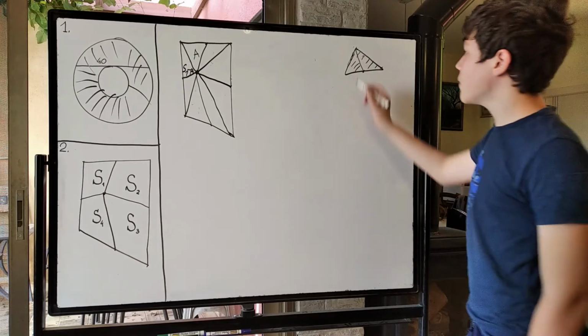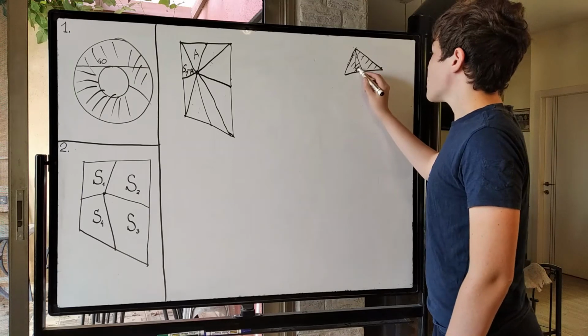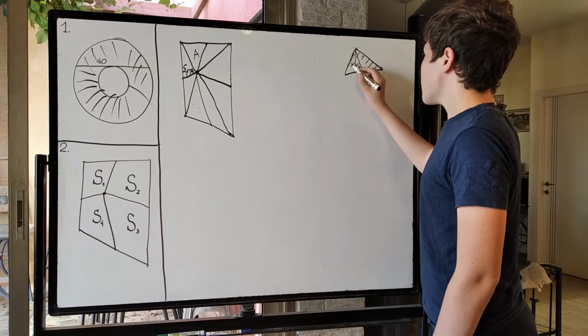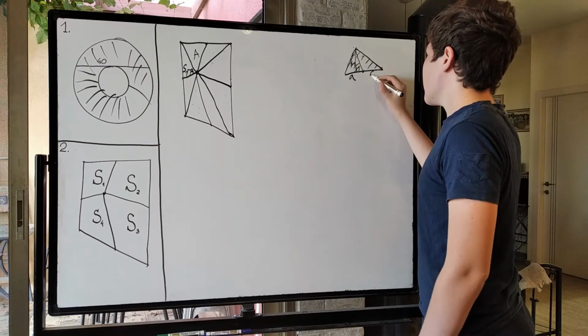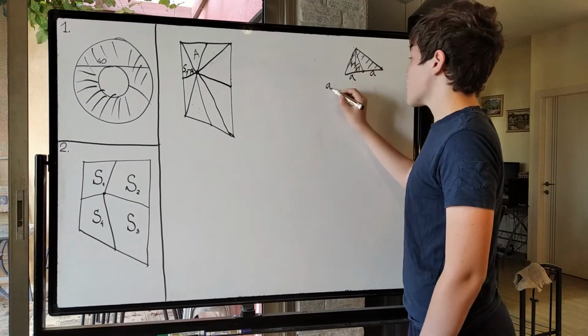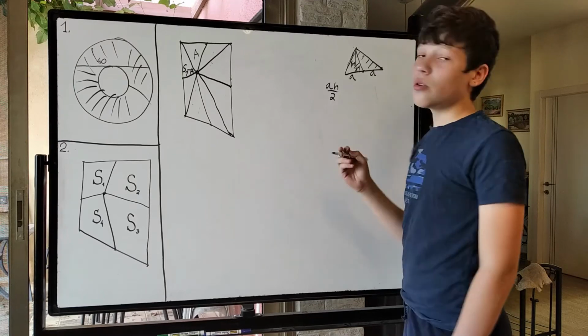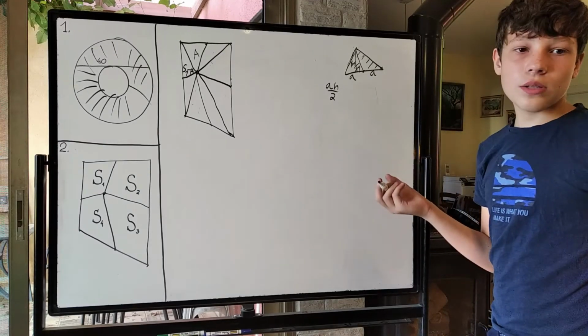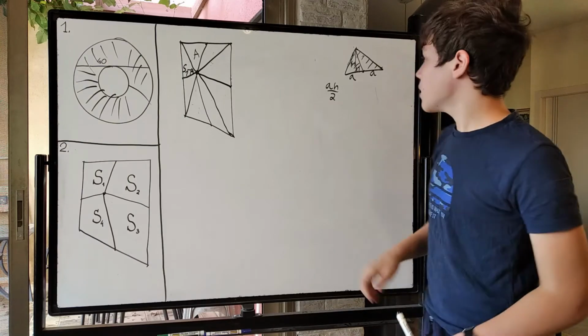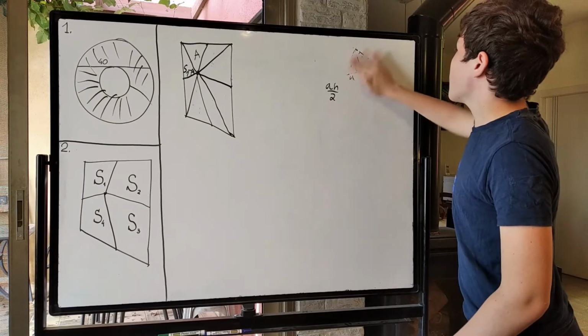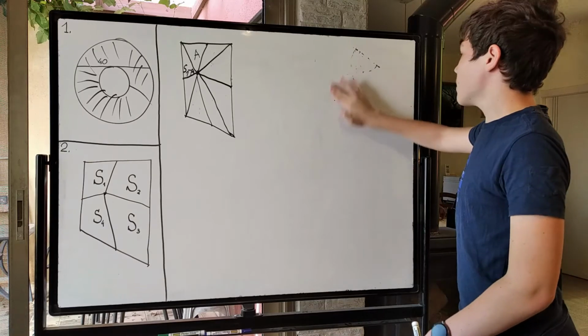It's not that hard to see if we just drop a perpendicular line like this, and call this H, and this is A and this is A, so both these areas will be AH over 2, just by the area of a triangle. So that's that covered.